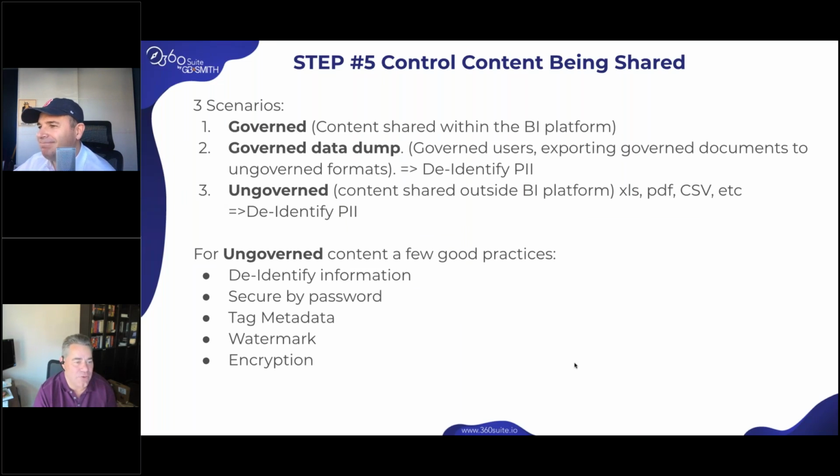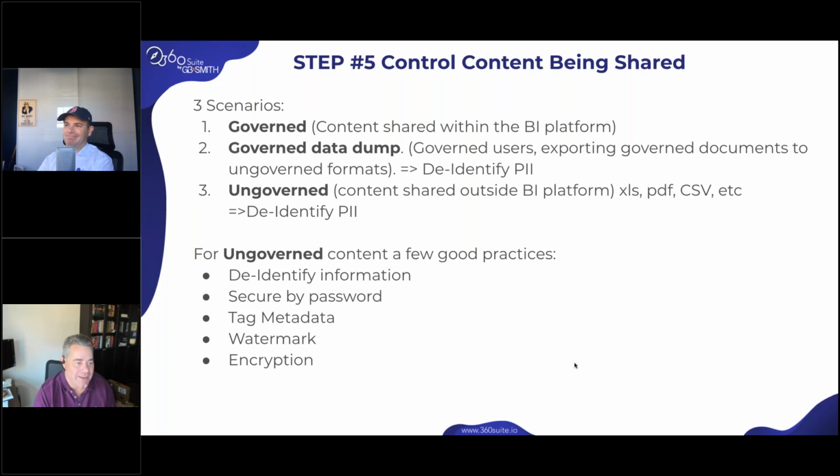So step 5, control content being shared. So this sort of goes back to our architecture diagram at the beginning, right, where we've got a couple of different scenarios. So the governed area is really where content is being shared within that BI platform. So our Crystal Reports, our Webi documents, where we feel like we've got some control and we've got security. And then scenario 2, which is sort of the governed data dump.